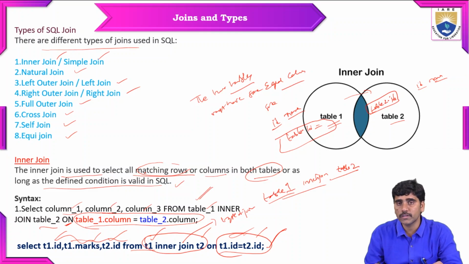Then you can perform the inner join operation. The syntax is: select column 1, column 2, column 3 from table 1 inner join table 2, and based on the condition table 1.column 1 equals table 2.column 2, the values will be displayed.